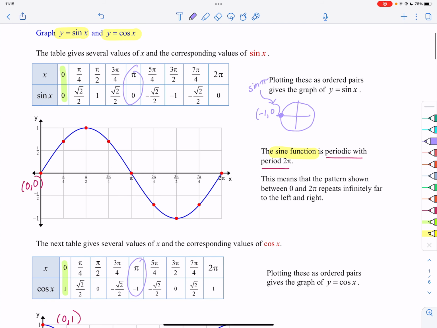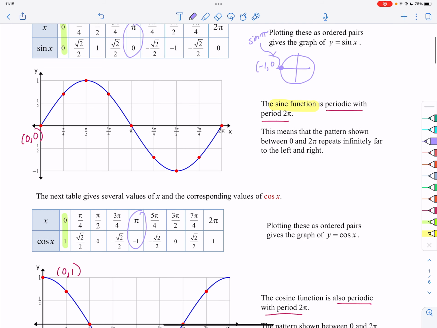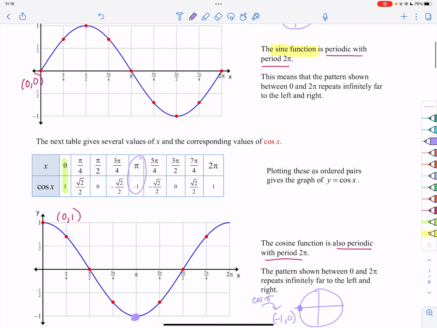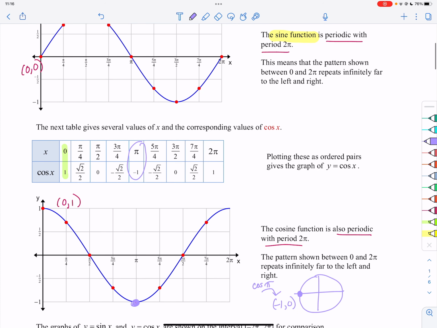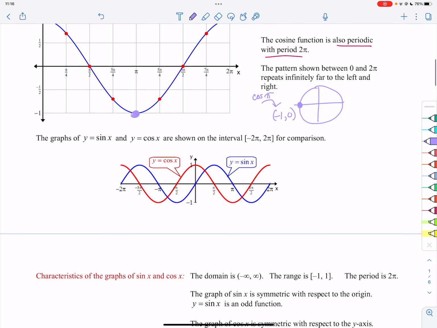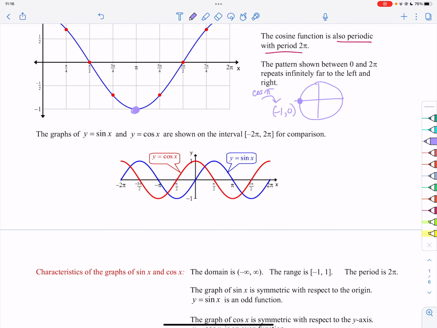And you can sort of see the pattern, and it repeats itself infinitely, goes on and on and on. It doesn't just stop here. So it's quite interesting to look at those, and now you can see them together. And as you can see, the sine goes through the origin, and you can see that the sine of 0 is 0, and the cosine of 0 is 1.